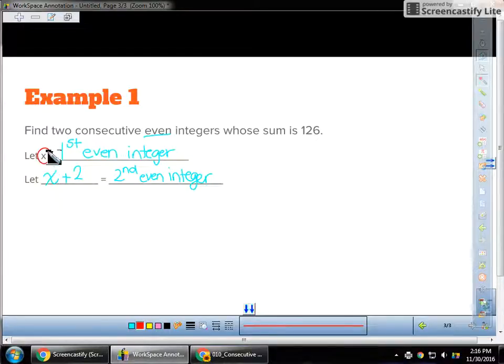So I have x and x plus 2. And it says find two consecutive even integers whose sum, we know means plus, is 126. So I take x, which is my first number, and I add it to x plus 2, which represents my second number, and I set it equal to 126.